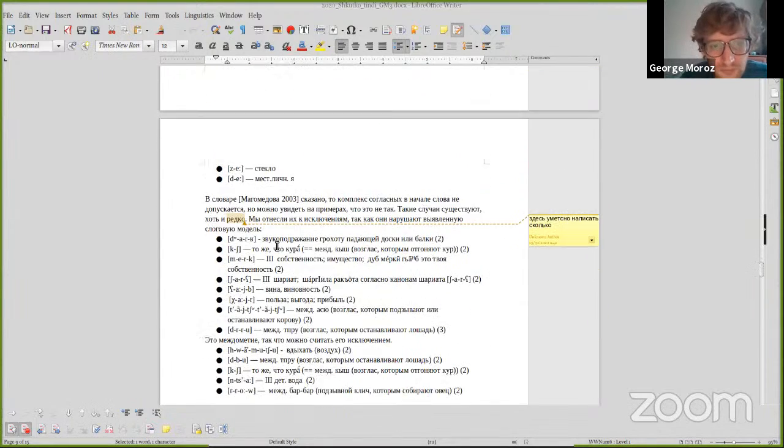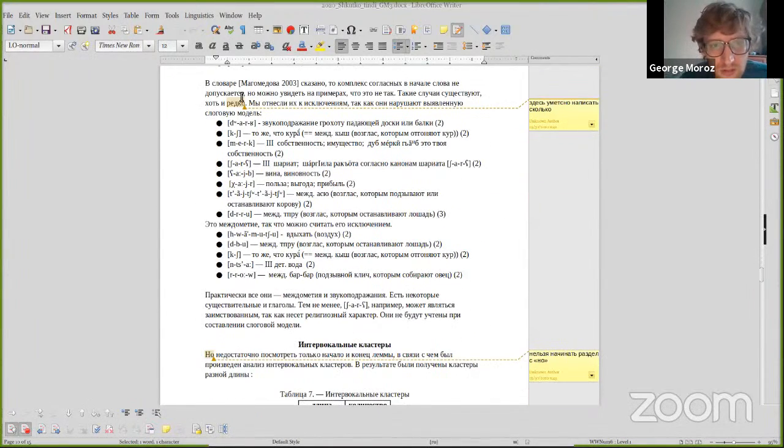Maybe they have some more examples, and maybe there are some rare cases like this, but it won't be too complicated. All the complicated part is connected to onomatopoeia, like what a chicken will say, coo coo coo, and so on.